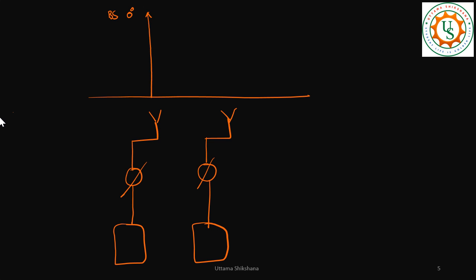Now the first thing is that if we give the same phase across these two antennas, let's say 0 degree, or it could be anything, like 80 degree or anything like that, then the signal from both of these antennas would travel in the same direction like this.